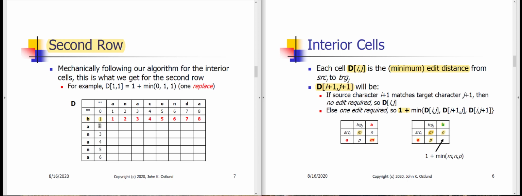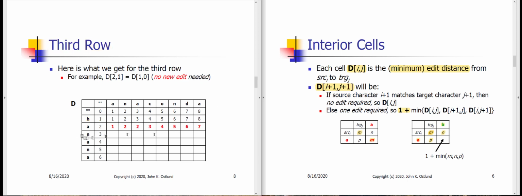Okay, we had to delete the B. And now we're going to need to insert an A, N, A, C, O, N, D, A. So we've got 8 editing operations that we need to do to convert the source string B into the target string anaconda, as we have increasingly long prefixes.